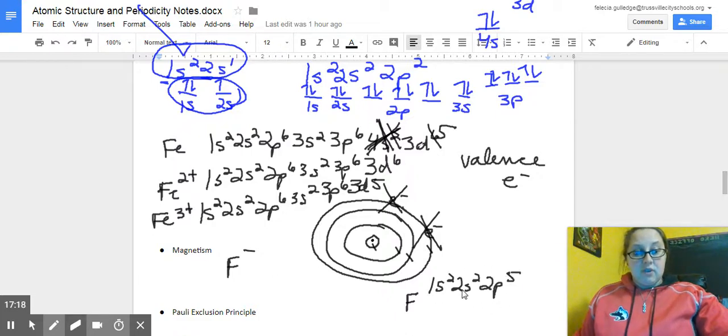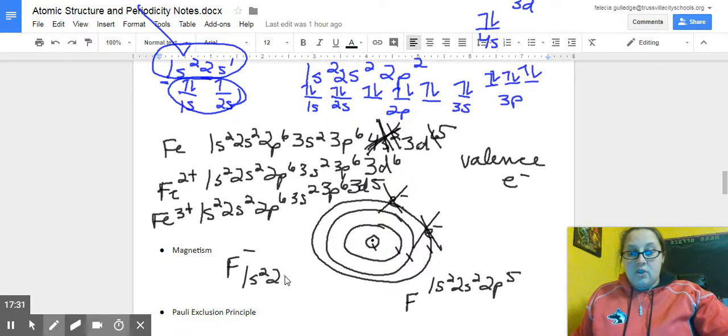So this is neutral fluorine, all in its ground state. F minus means I've added an electron to that. So what I'm going to do is just say 1s2, 2s2, 2p6. So this is the electron configuration for F minus.